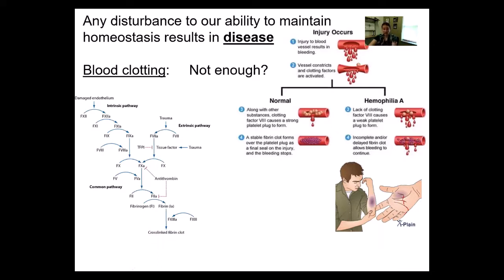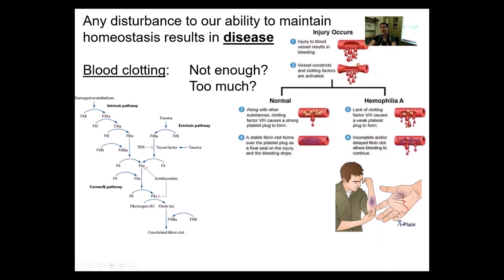So people with hemophilia have a mutation in one of these here. And so that is going to stop this entire chain reaction. And so they cannot produce a full clump, right? So disease, hemophilia, is produced by the inability to maintain homeostasis, just the right amount of blood clot.